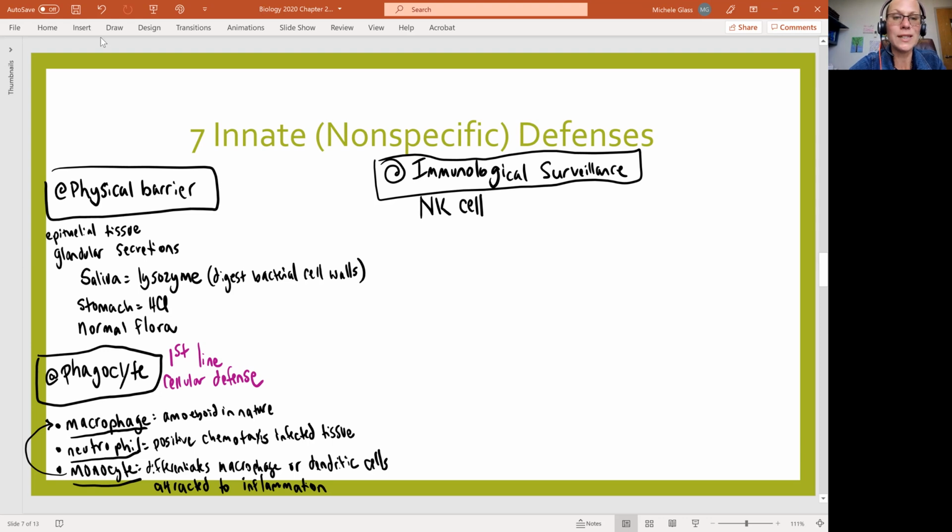And NK, remember, stands for natural killer. So this is a lymphocyte, but it's involved in this innate defense. And what we're going to see happening is that these cells ultimately induce what's called apoptosis.